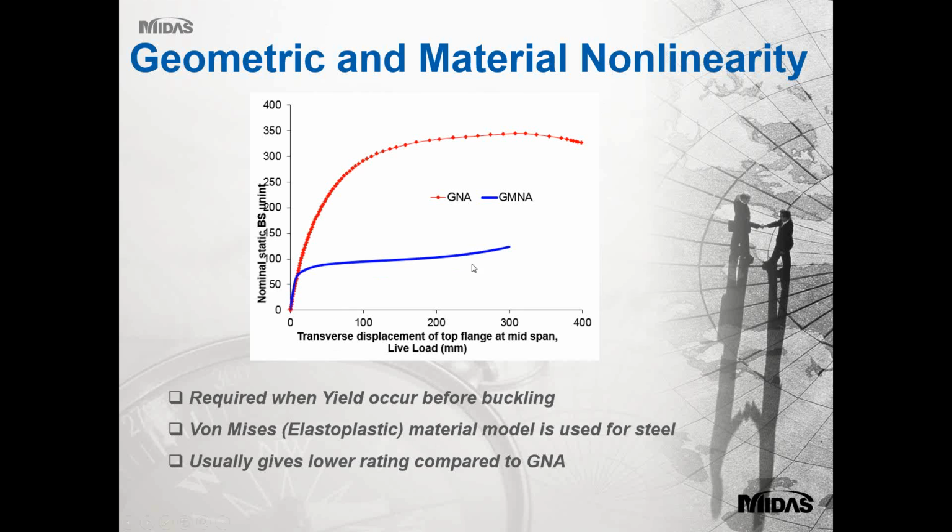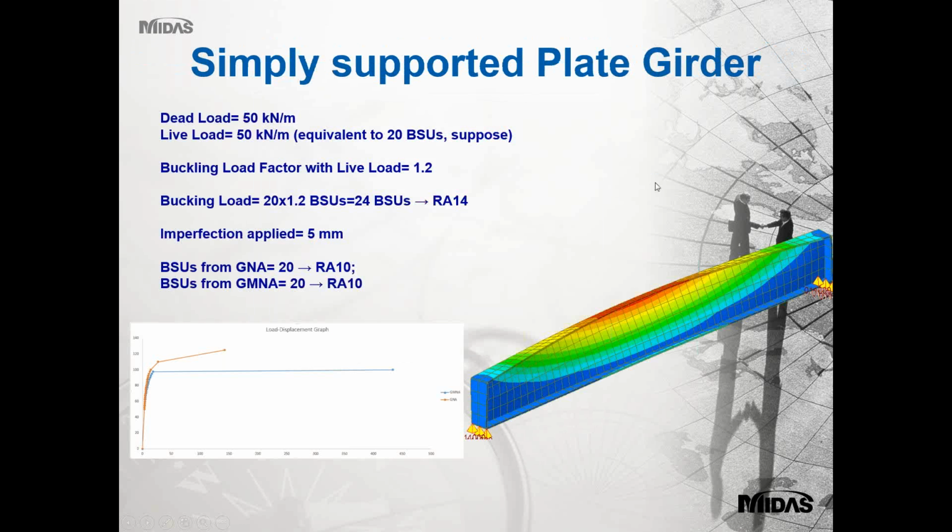Usually the geometric and material nonlinear analysis, that is the combination of both large displacement and material nonlinear analysis, will give you a lower value of rating, because the yielding will occur before the buckling, and so you will get a smaller failure load compared to what you get for geometric nonlinear analysis.